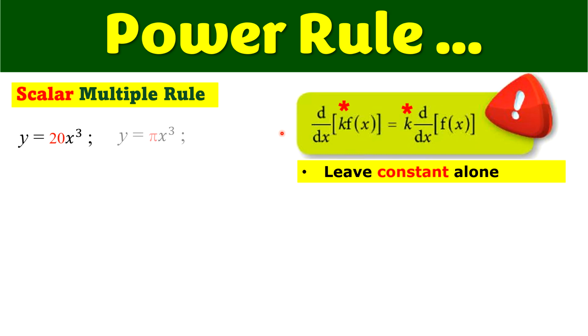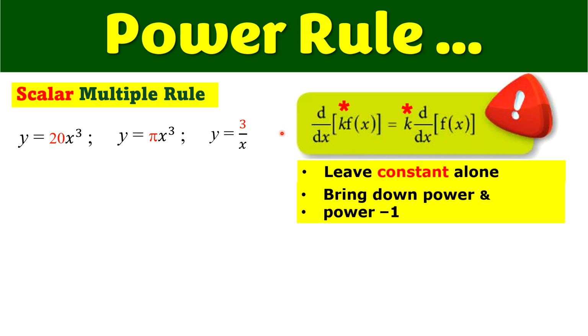So we are going to differentiate these three examples over here. Again, I'm going to use power rule. Let's recall power rule: I bring down the power and power subtract by 1. Given these three examples, you notice that all the constants, or rather the scalar, I have already highlighted. So if I want to find the derivative for the first function, since I use a y, I'm going to write it as dy dx.